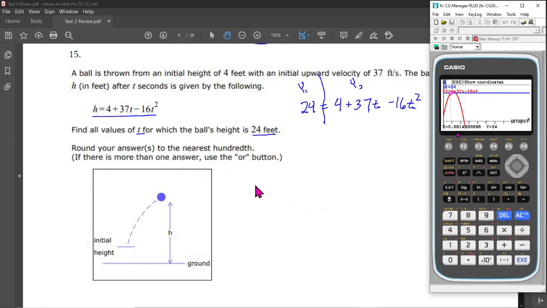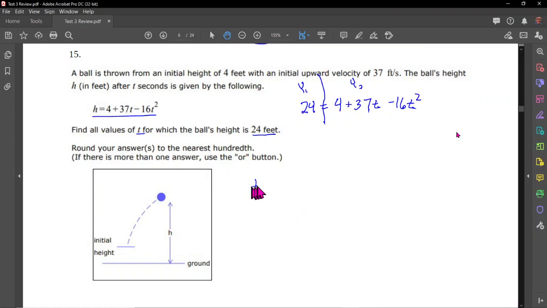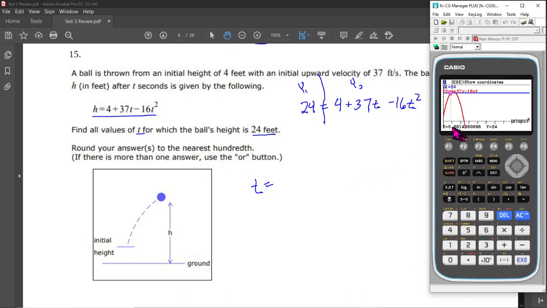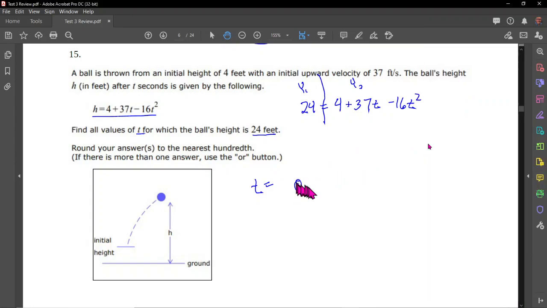First one happens when t equals, I wish I could get this calculator just to stay on top. 0.861, let's see, nearest hundredth, 0.86. Okay, that's the nearest hundredth. We're supposed to use the or button here instead of the comma.